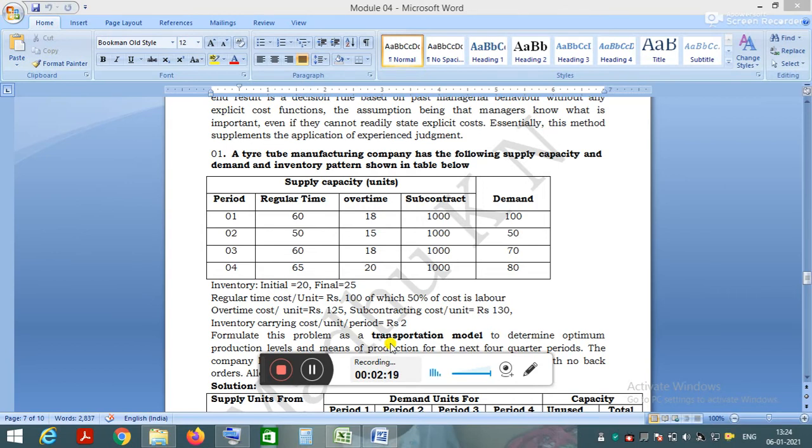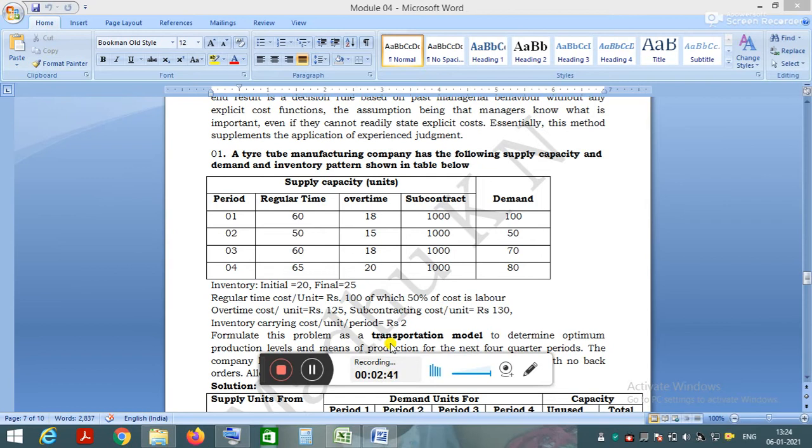The demand for the second period is 50, third period is 70, and fourth period is 80, where by using regular time it can produce 60 in the first period, 50 in the second, 60 in the third period, and 65 units in the fourth period.